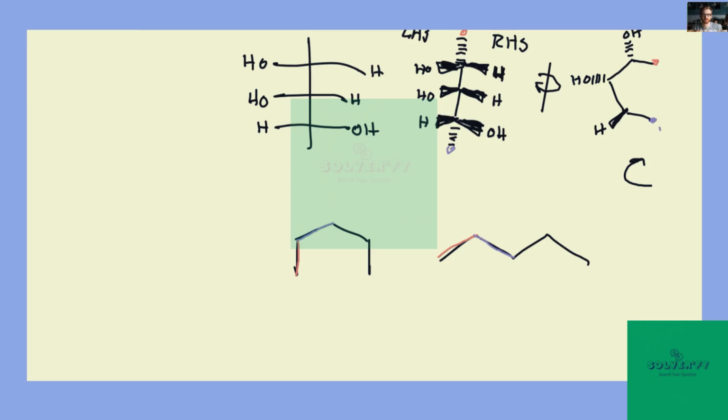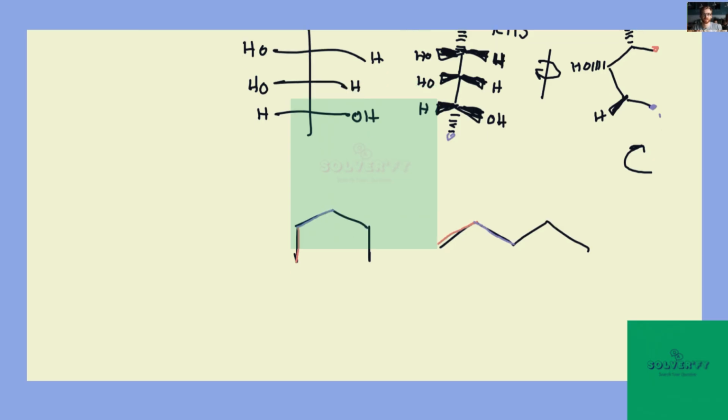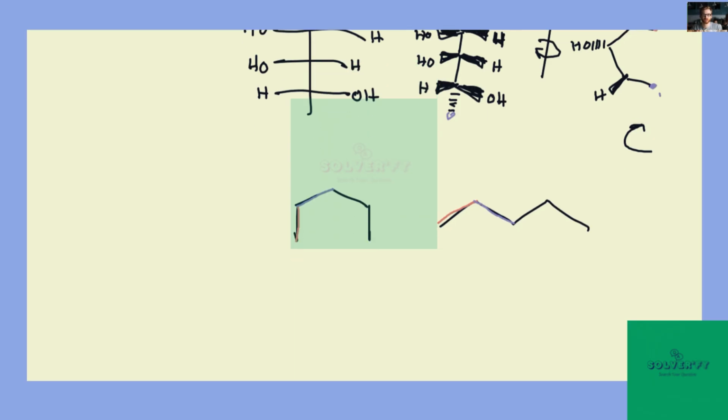So that's priority number one: we're going to move to this, this, this, and this. So our first one is an OH. Our OH is still coming towards us here, and these ones are still going away from us.